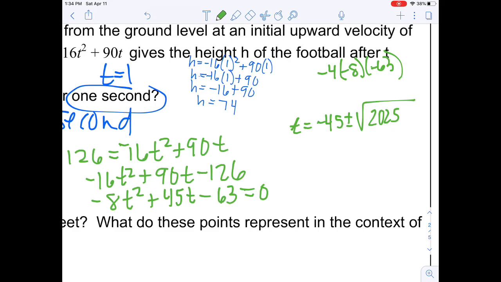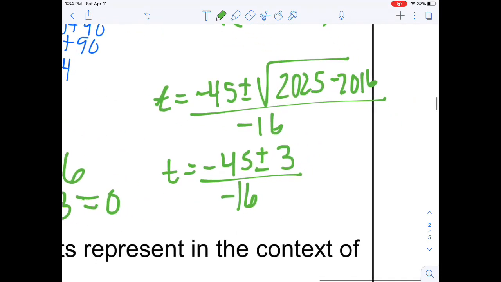So 4 times 8 times 63 is 2016, all over 2a. So time is negative 45 plus or minus the square root of 2025 minus 2016, which is the square root of 9, which is 3, all divided by negative 16.